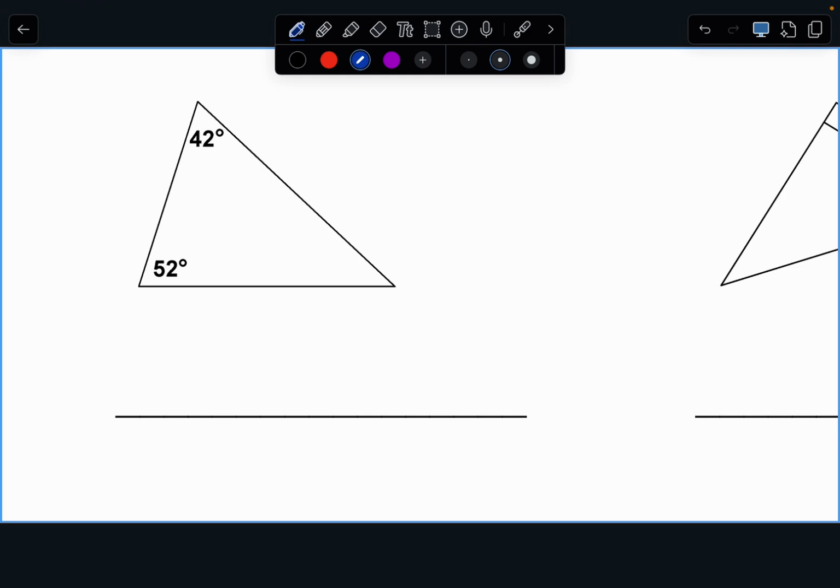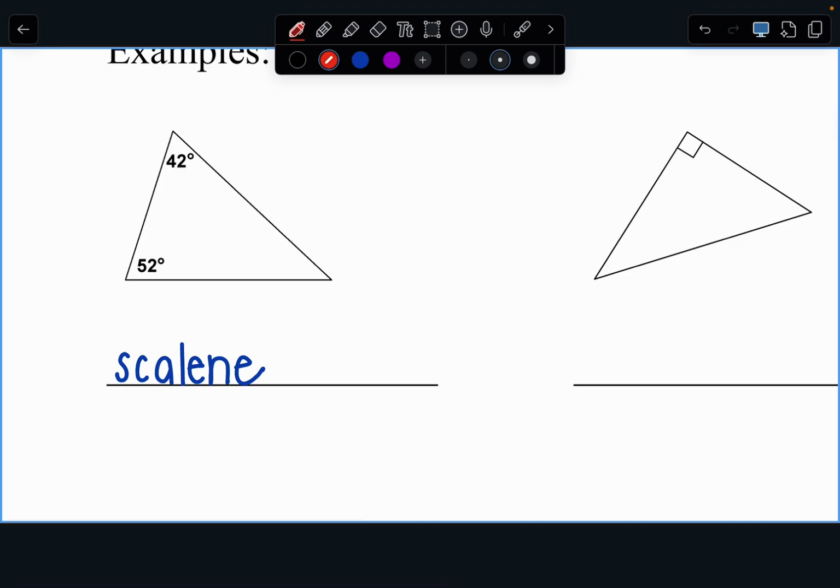So for this first one, what type of triangle is that? Scalene, and also acute, because all the angles are less than 90.